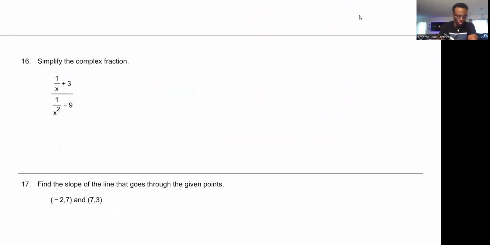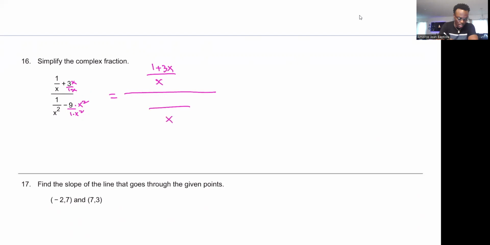Same thing happens here. We want one fraction here, so that's 1. We multiply by x to get, and then this one, that's 1, and we multiply by x squared in order to have a common denominator. So that is my main fraction bar, x for the top, so 1 plus 3x.